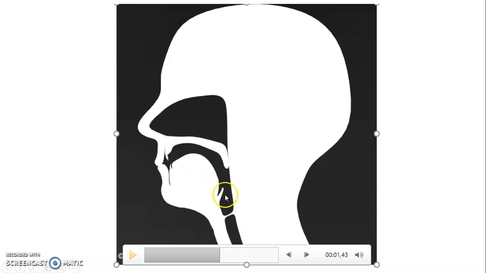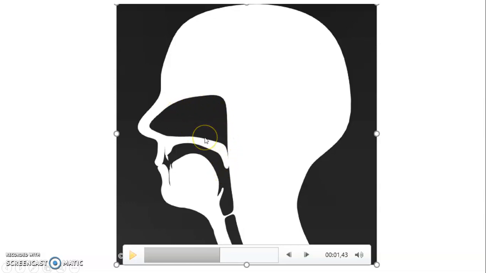But for the air to resonate in the mouth, the passage to the nose has to be blocked. So that's why the soft palate, in this particular case, has been raised, blocking the entrance to the nose.